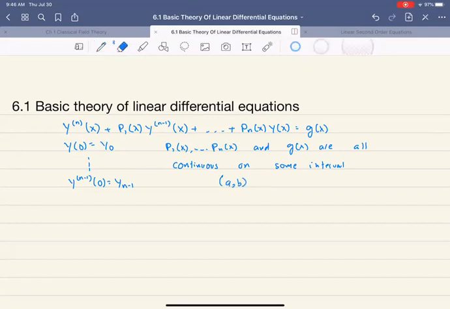This 0, I should make it x0 because it's not necessarily 0. Containing x0. Okay, so now this is the condition for us to have a unique solution. So there exists a unique solution.